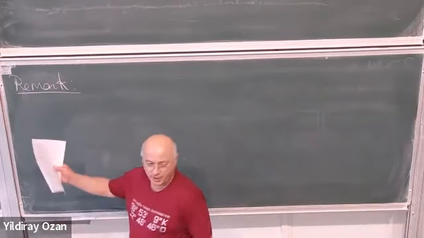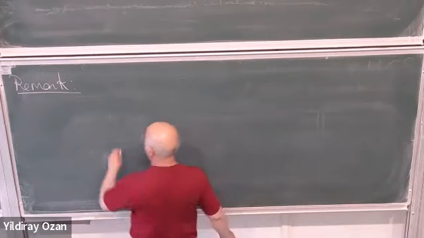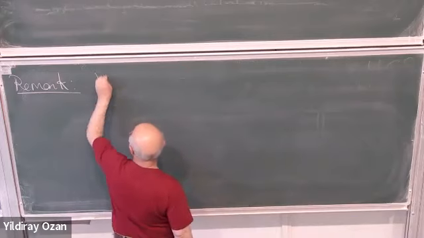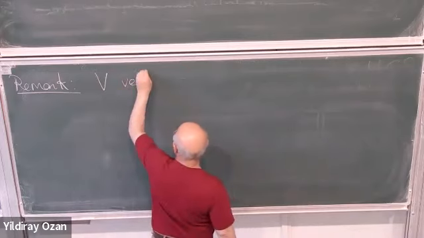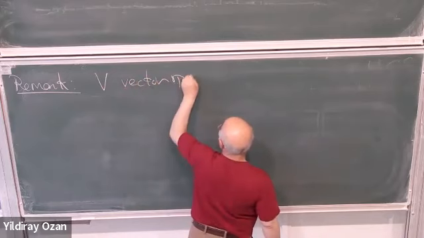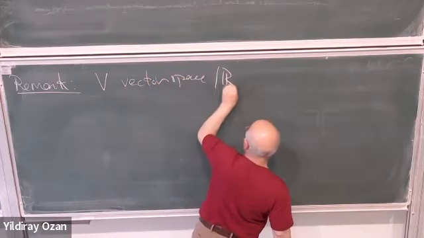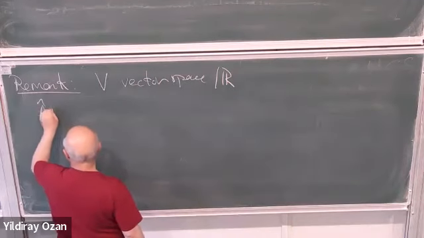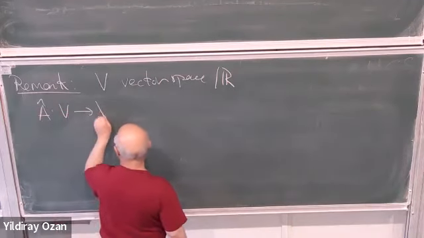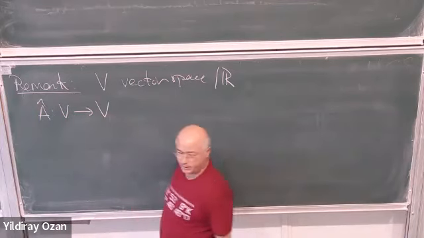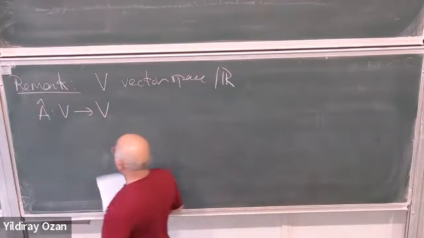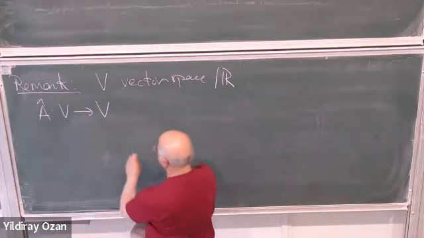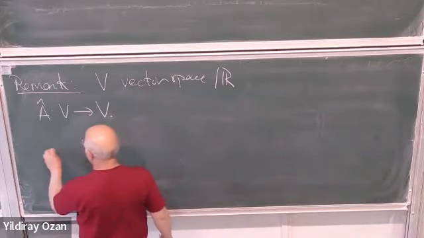Suppose we are in a real vector space case, so this is a vector space over R, and A is a linear operator. I can just consider the following.